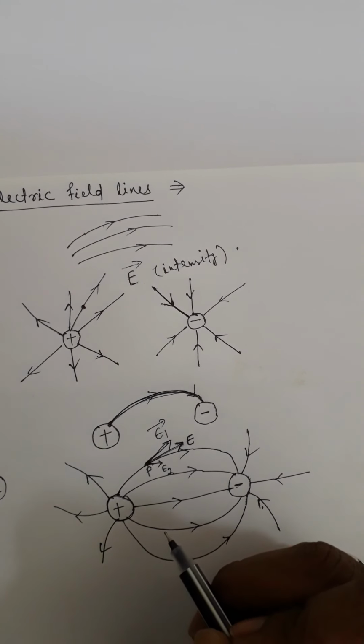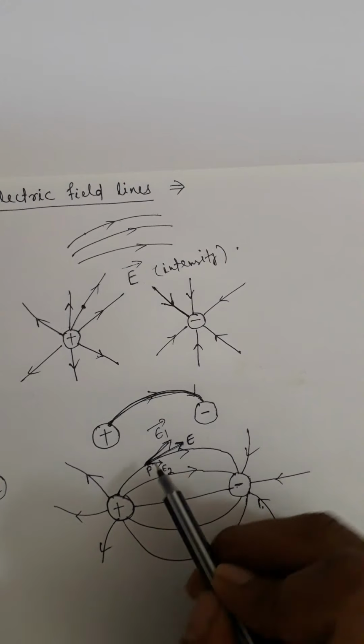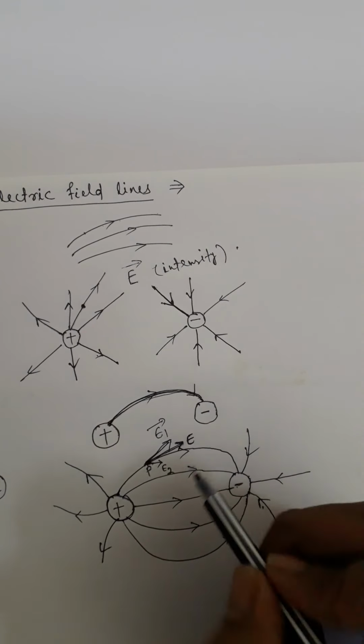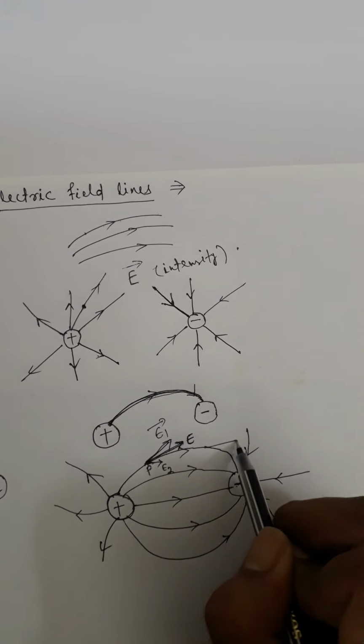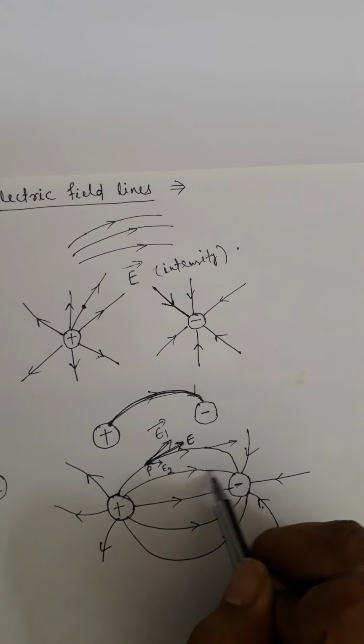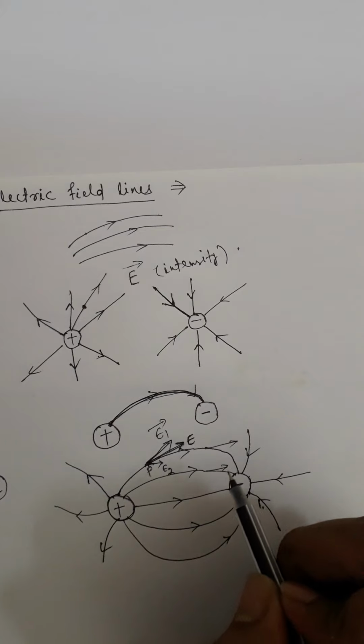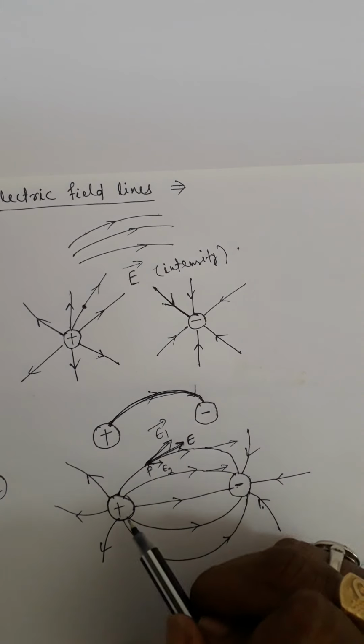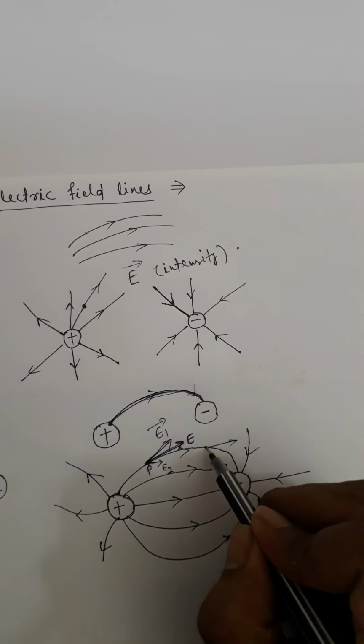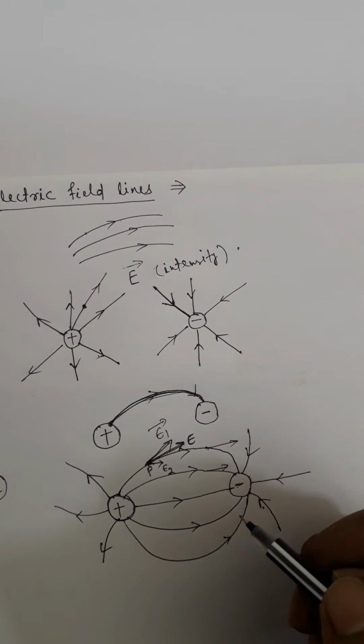So the second property is the tangent. Suppose here is the point and here is the tangent. So at any point, the tangent on the lines of force gives the direction of electric field at that point.